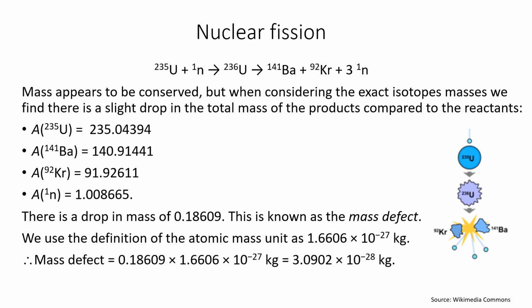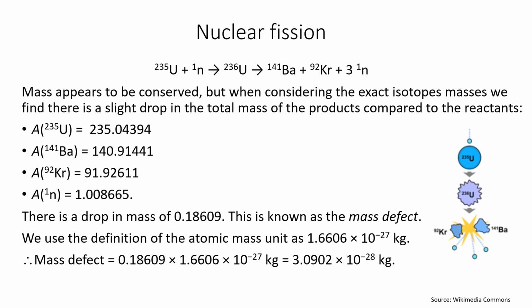We use the atomic mass unit to count nuclear particles, but to convert it into a proper unit of mass, the kilogram, we've got the definition here: it's a very small number of kilograms, 10 to the minus 27 kilograms. We multiply that small number by 0.18609, and that gives us the mass defect as an absolute number of kilograms.